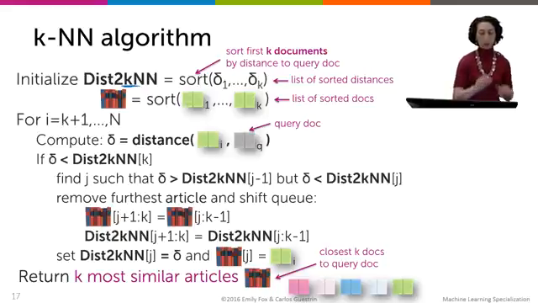Then for all the remaining documents in the corpus, labeled k plus 1 to capital N, we compute the distance between that article and our query article.